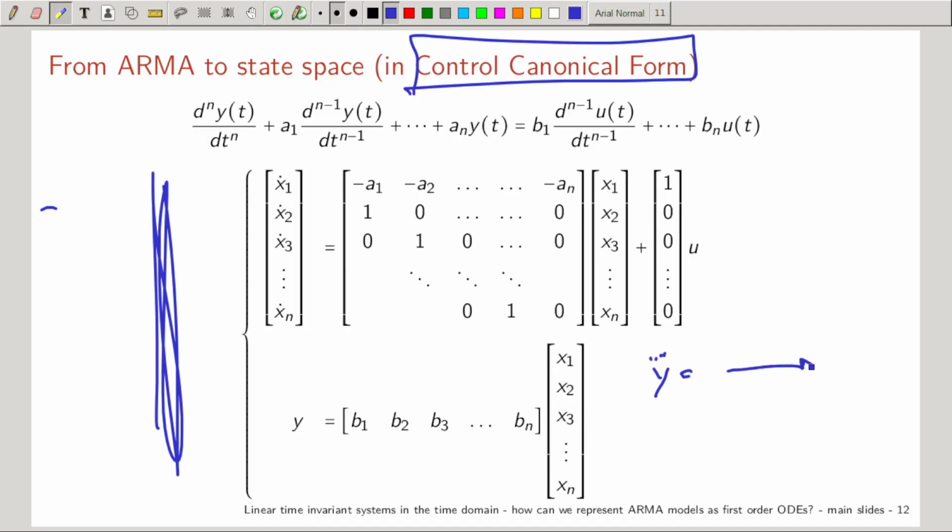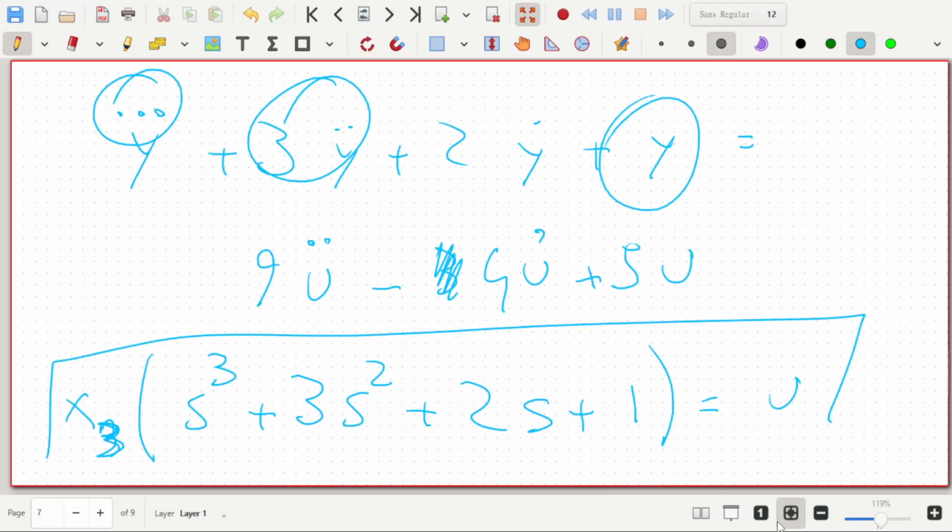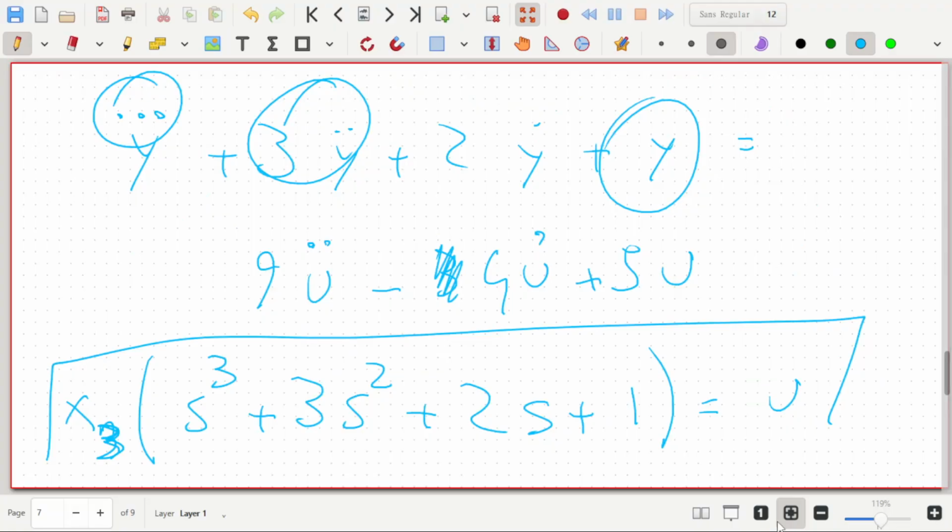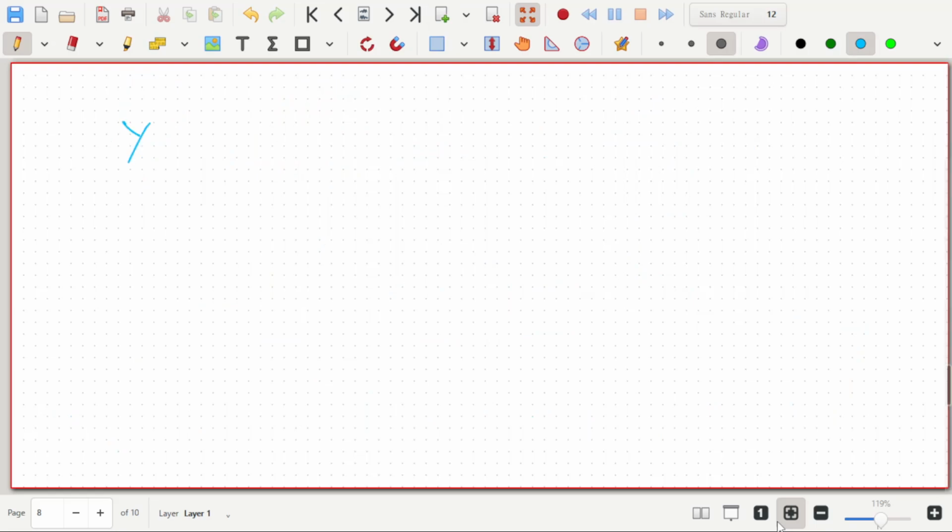You've got a polynomial in s, true? Here, you've got a polynomial in s, true? And you have a polynomial in b. So, if I write y several dots is equal to a polynomial in s plus a polynomial in b, in s.